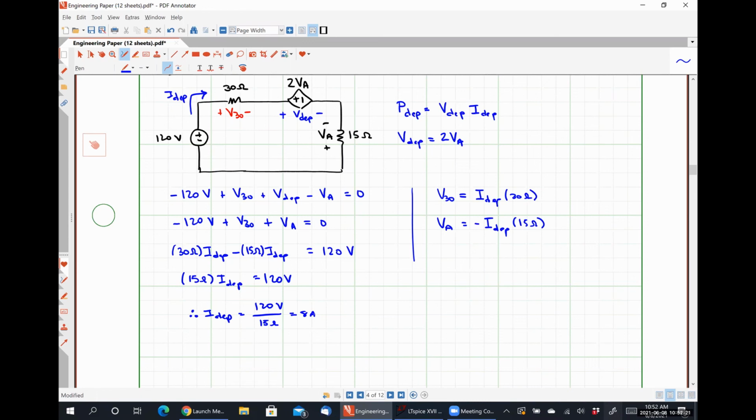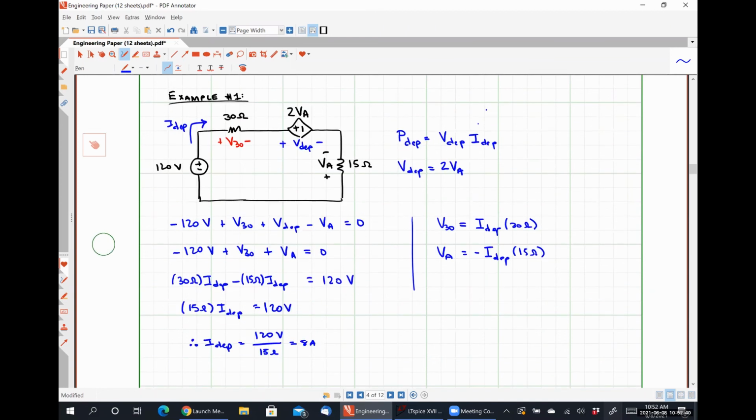Does anybody have any problem with the algebra that I've just done there? All right, nobody's saying much of anything, so I will say that I'm correct. So we figured out what I dependent is. We know that it's going to be 8 amps.